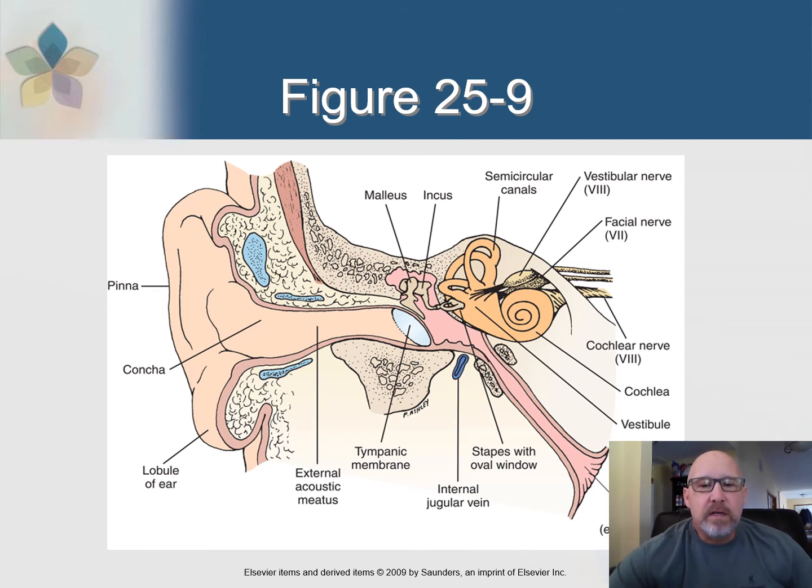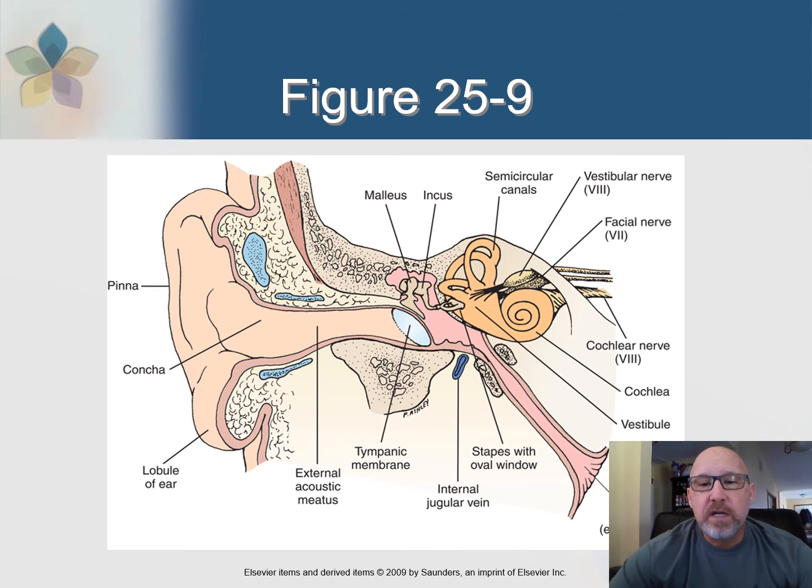Sound waves then vibrate up against the tympanic membrane. The tympanic membrane then vibrates. The vibrations are felt, much like a needle on an old record player, by the malleus, the incus, the hammer, anvil, and stirrup, right?